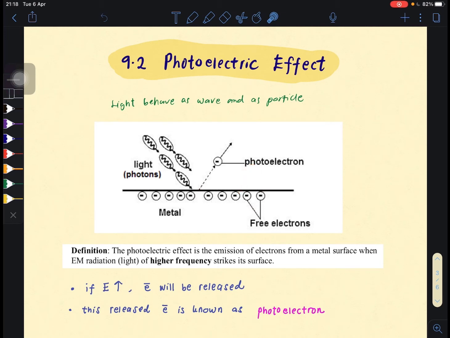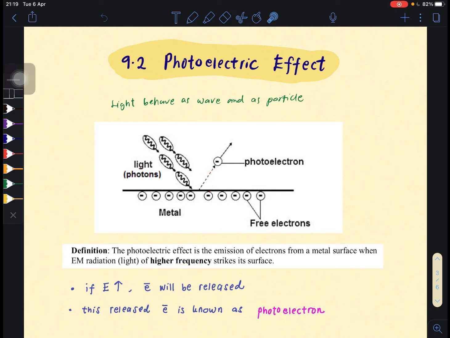released from the metal. So this only happens if, looking at the definition, the emission of electrons from a metal surface occurs when EM radiation is of higher frequency. The emission of electrons will only happen if these photons have higher frequency. If they have lower frequency, they will not be able to release the electrons from the metal. It must be higher frequency.